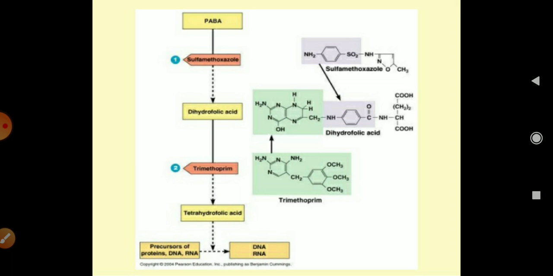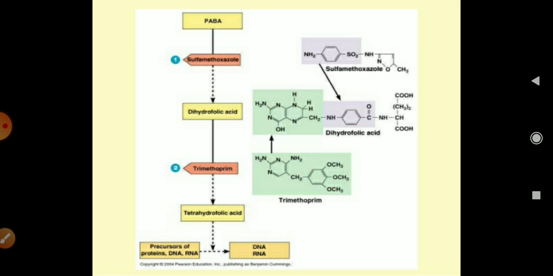Next, PABA gives sulfamethoxazole, and it will give dihydrofolic acid, and by treatment it will give trimethoprim. Now it will give tetrahydrofolic acid, which is used in DNA and RNA as a precursor of protein.